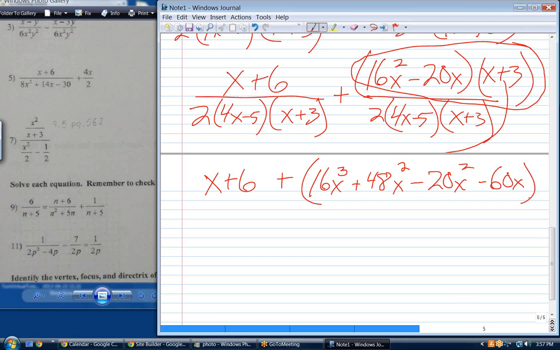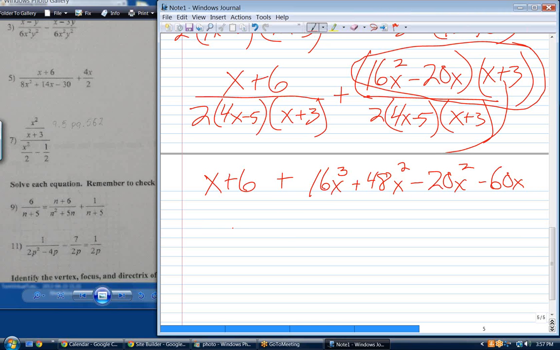Now you see why I needed the parentheses. Because this is a plus sign, I can now get rid of the parentheses. If this was a negative sign, like it was in some of our previous problems, I would need those parentheses. But if it's a plus sign, I can just drop the parentheses and use the sign of each term.